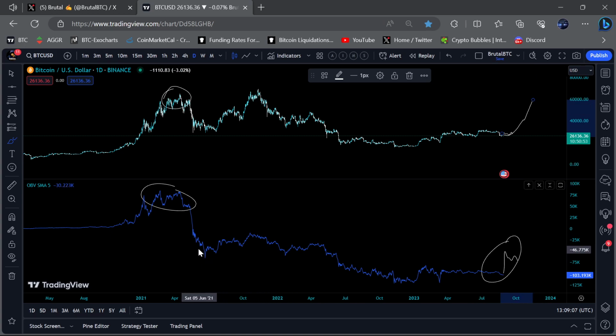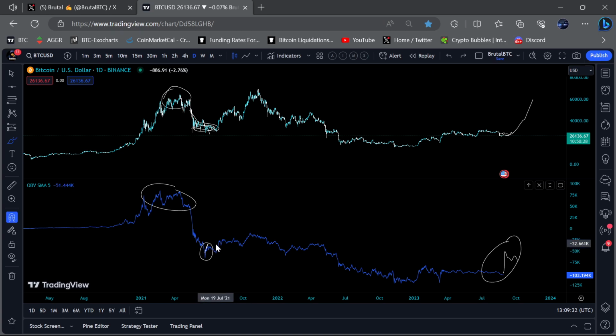Like when the price was coming down over here, suddenly OBV, on balance volume, jumped and the price was just consolidating sideways. And at that time the price started moving back up, just because someone bought huge amounts of bitcoin and a lot of volume was coming into the market at those levels.